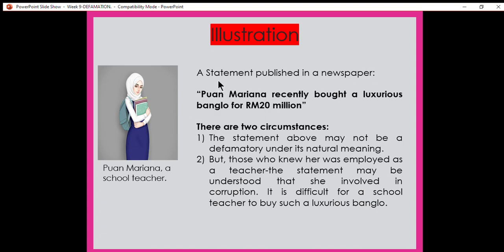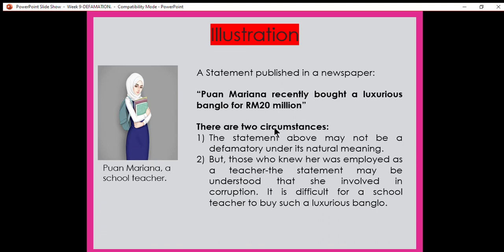It stated that Puan Mariana recently bought a luxurious bungalow for 20 million ringgit. Based on the statement here, there are two circumstances. First, the statement above may not be defamatory under its natural meaning. So normal, anybody can buy a bungalow, right?